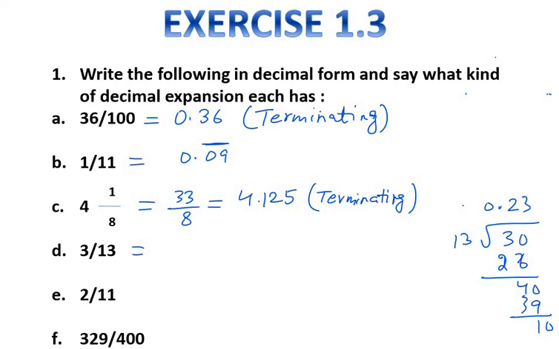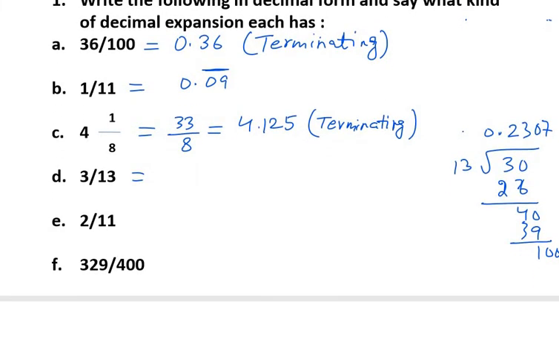1 0 is not divisible, so I need to put one more 0 to it, and 0 above. So 13 into 7 is 91. Now 100 take away 91 is 9. Again we need to put 0 here.